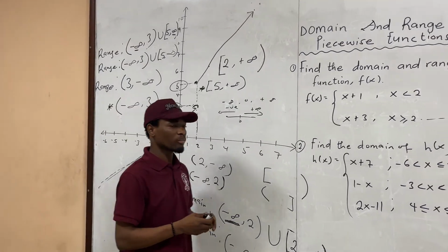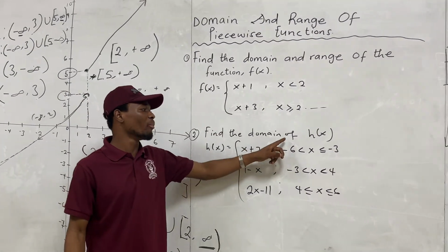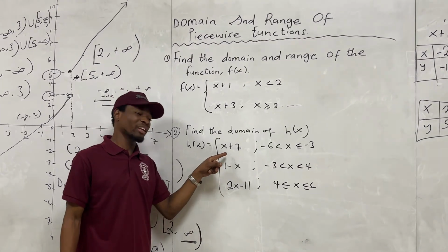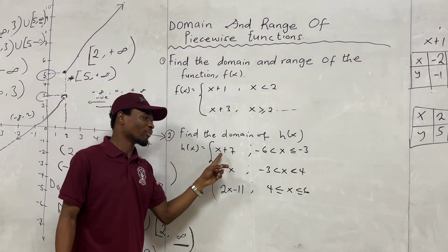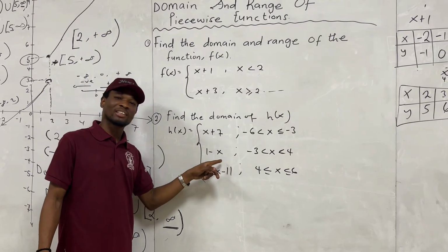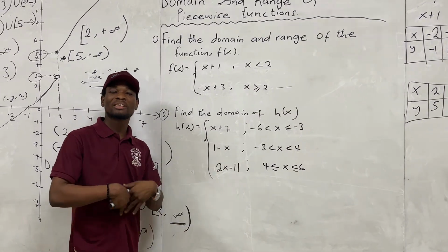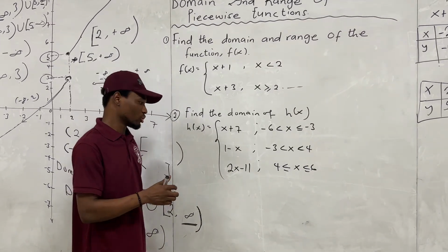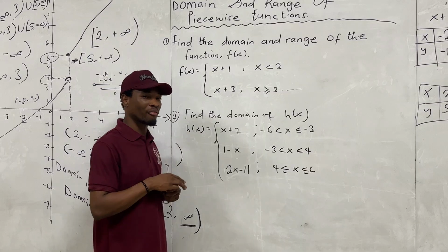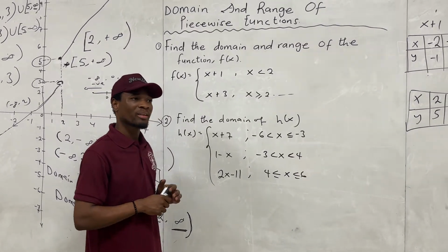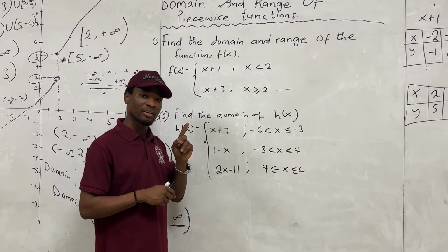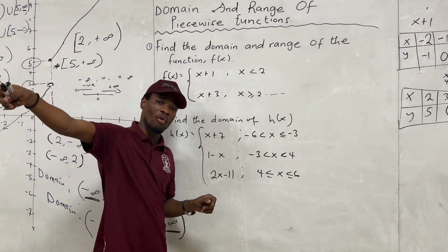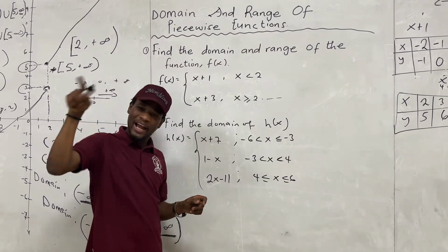Now, the second question, find the domain of h of x. In other words, you have to draw for this, draw for that, and draw for that, right? But let me just give you a simple trick to write the domain of this function. For the domain of the function, we are interested in the least value for the x coordinate and the highest value for the x coordinates.